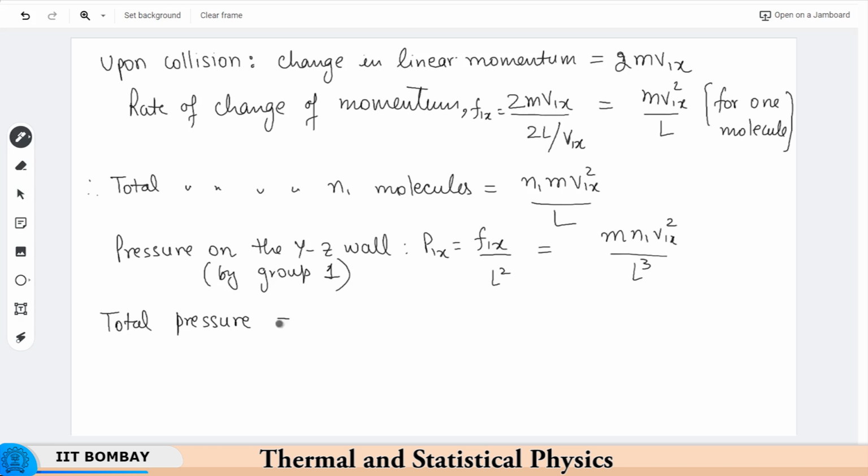So that will basically be Px, which is the sum over i going from 1 to g of Pix, and this just becomes m by L cube times the sum over i from 1 to g of n_i v_ix squared, right.